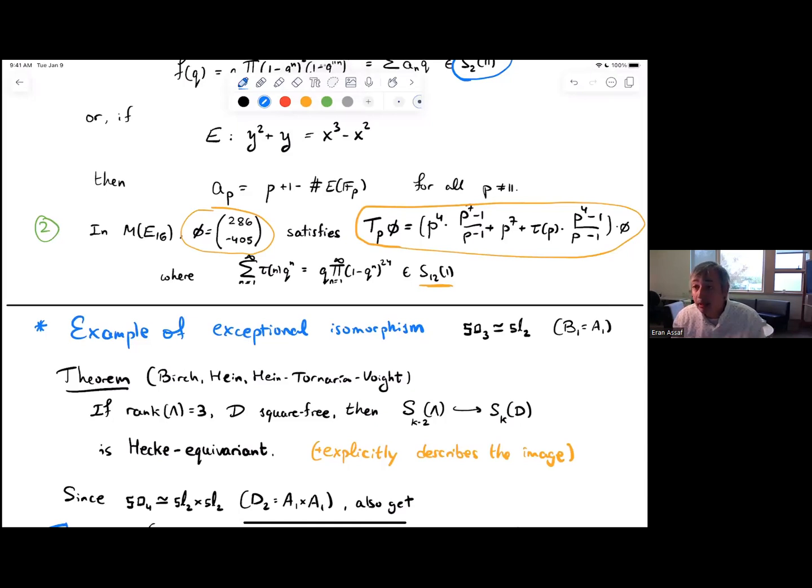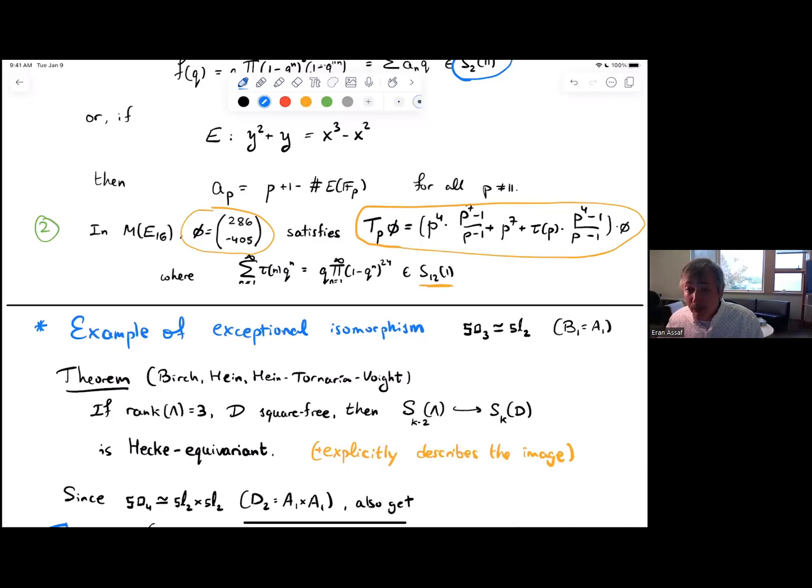Now, one can do even more. There are other exceptional isomorphisms. However, if one wants to be really general and do things over arbitrary base fields, there are many things one has to take into account. Even this theorem, if you look at its statement, is quite longer and it involves a lot of actions, a lot of things acting on these spaces that I will not go into.